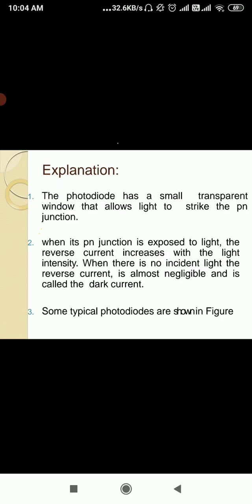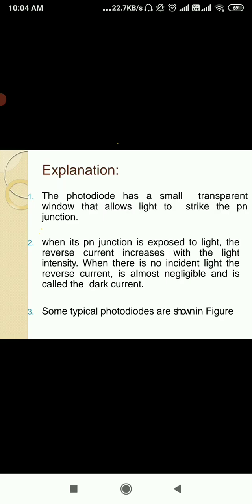So in MCQ they will ask what dark current is, and they will give four options. When photodiode is getting a light, second option, there is negligible light given to the photodiode, third option A and B. Fourth option, none of these.